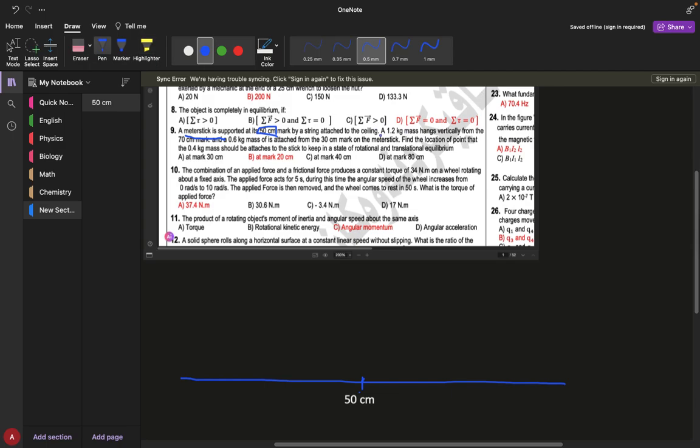It's attached to the ceiling, so it's a tension force, Ft.